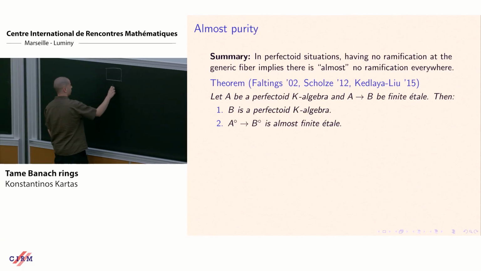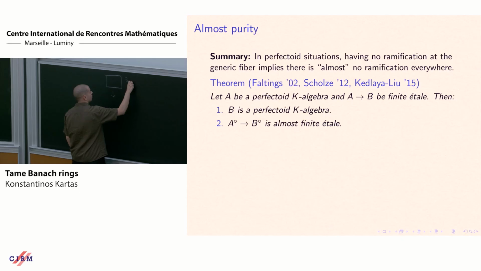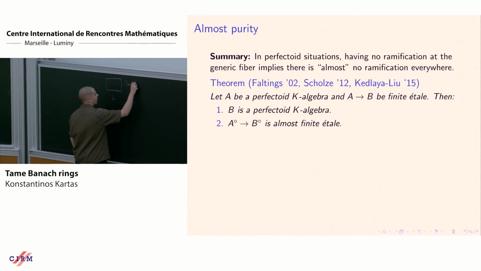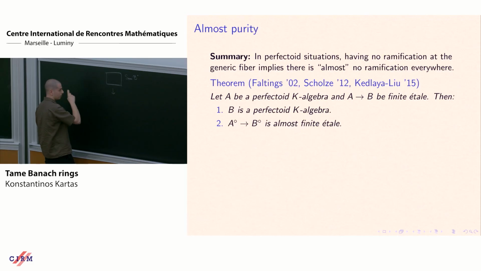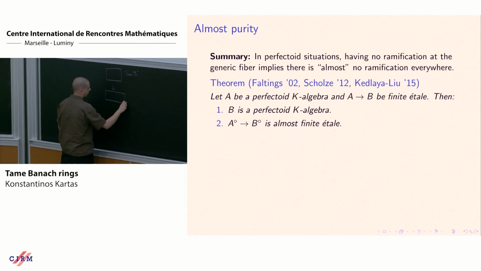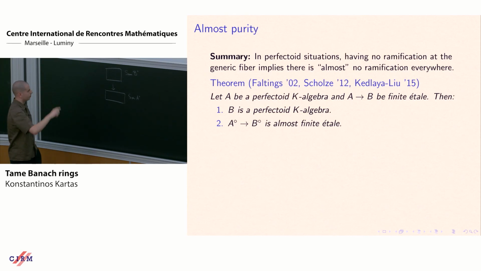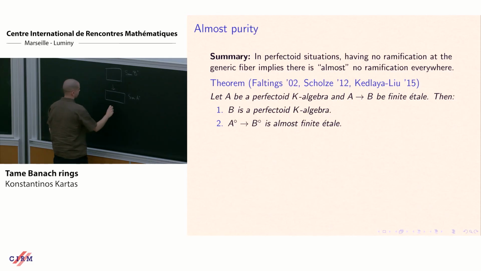Let's use the language of schemes to understand this. So we have here the spectrum of B circ, which maps to the spectrum of A circ. That's the morphism which is associated to the ring map from A circ to B circ.